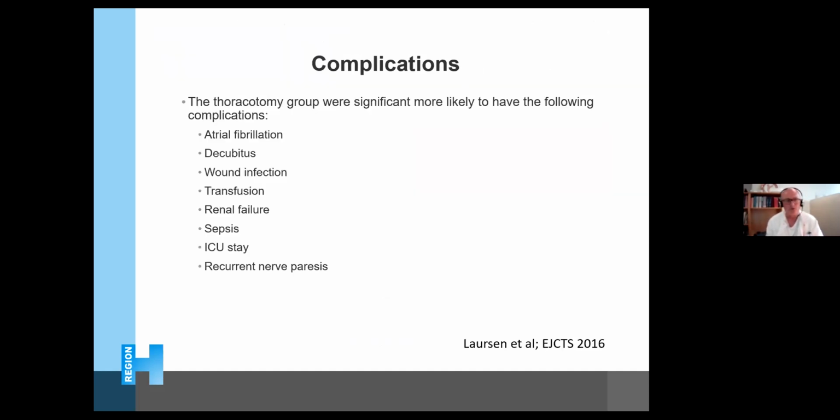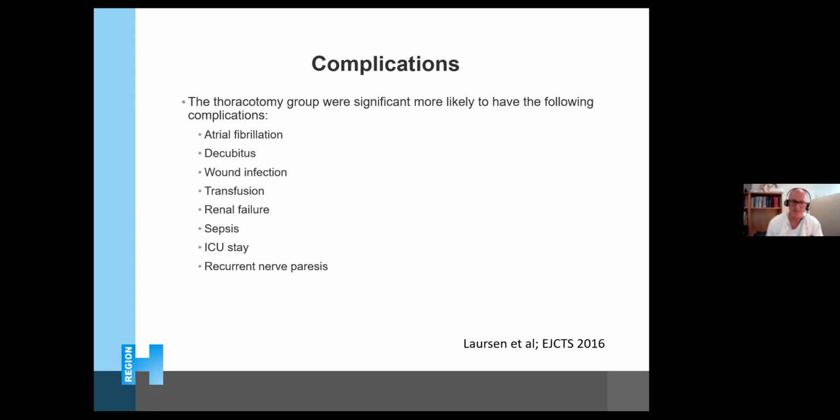What is actually more interesting is that the open group had significantly more complications in all those conditions mentioned there, both the more benign small ones, but also severe ones like ICU stay, sepsis, and renal failure.